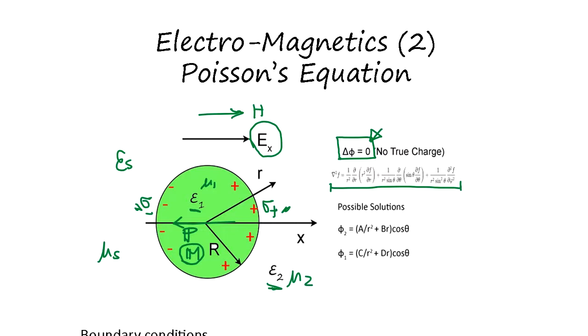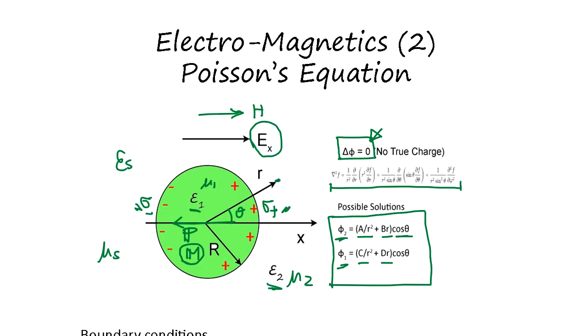So what we do is, by trial and error, we know the potential equation, phi 1 for inside and phi 2 for outside, and we have just these constants we don't know, and the cos theta is this theta.